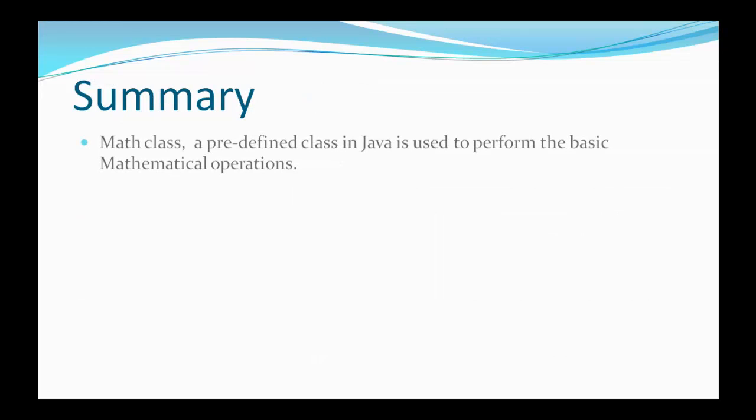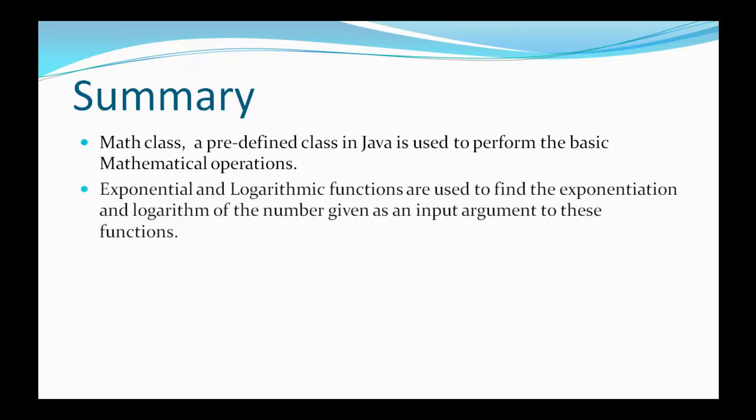In this tutorial, we have discussed the Math class, which is a predefined class in Java. It is used to perform basic mathematical operations. We have discussed exponential and logarithm functions, which are used to find the exponentiation and logarithm of a given number, which is given as input to these functions.